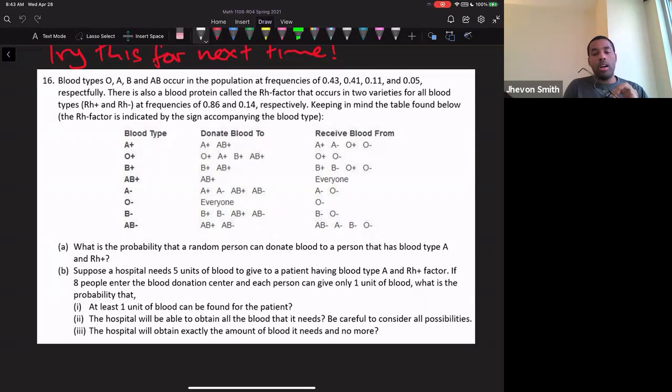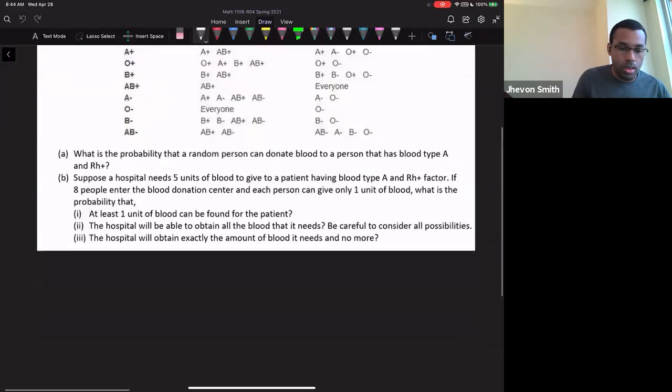We find that they are A positive, and for whatever reason, let's say we don't have blood to give to this person. But then a random blood donor just walks in the door. Wow, that's just in the nick of time. What is the probability that that random blood donor could donate blood to the A positive person? That's what we want to know. So let's do that.